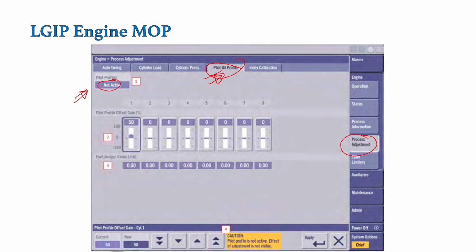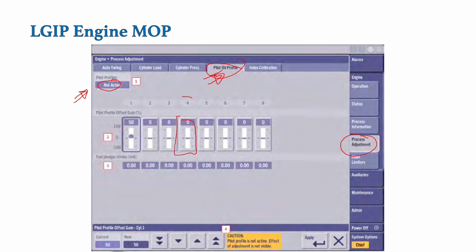Over here it's showing not active, which means the main engine is running on primary fuel. When the engine is changed over to secondary fuel, this pilot profile will show active.